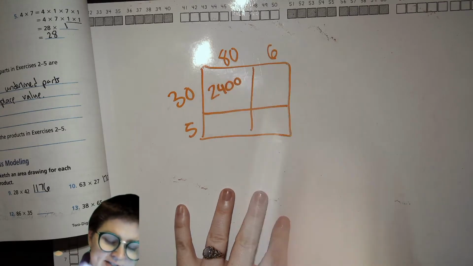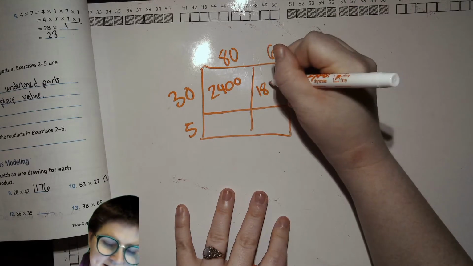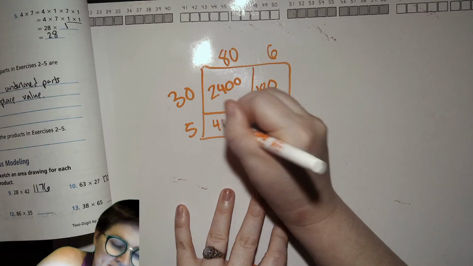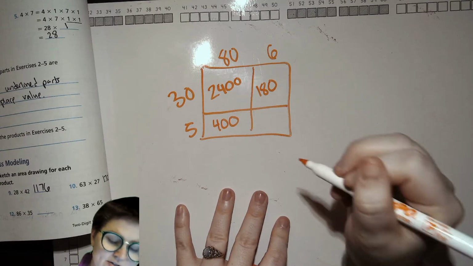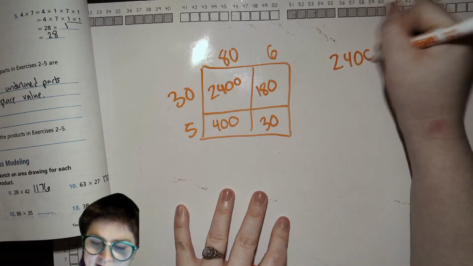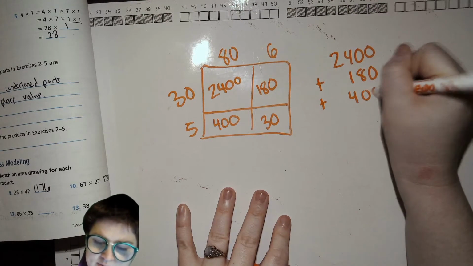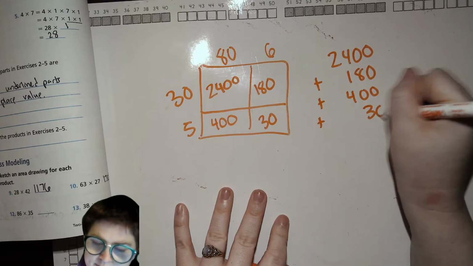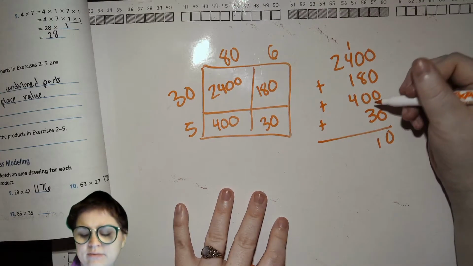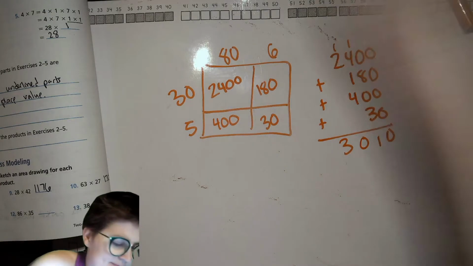We're gonna have 100 because it's times 100. 30 times 6 is 180. 5 times 8 is 40, so 40 tens, 400. And then 5 times 6 is 30. Add those up. $3,010.